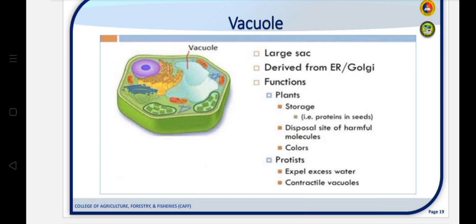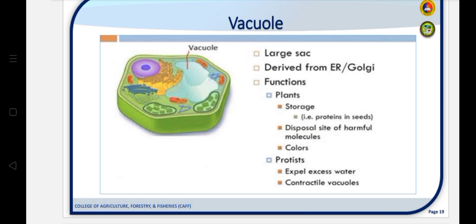How about the function of vacuole in protists? In protists, vacuoles can pump out extra water to prevent the cell from bursting. So it's like a water pump that removes too much water. Then we have contractile vacuoles.